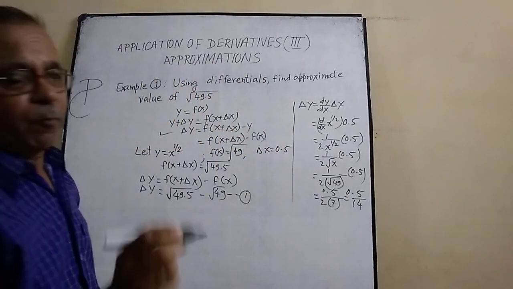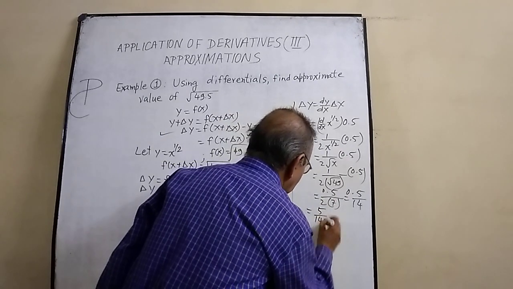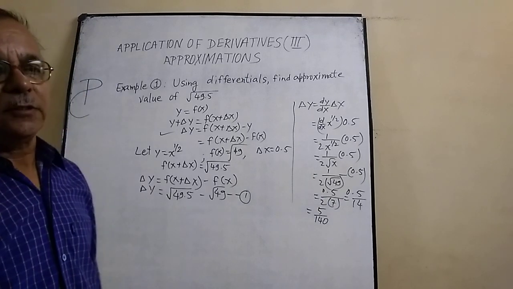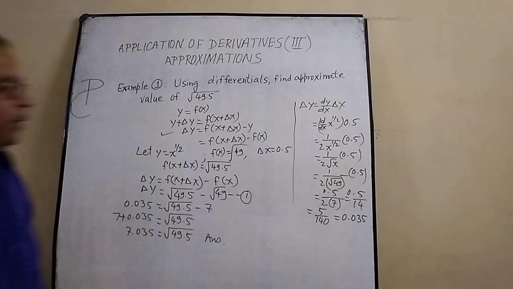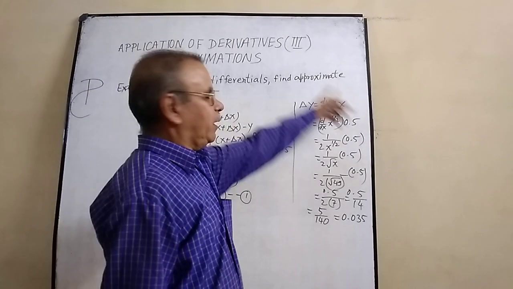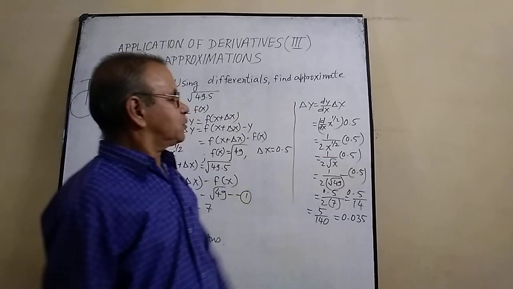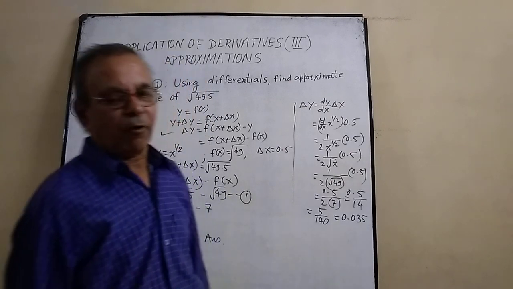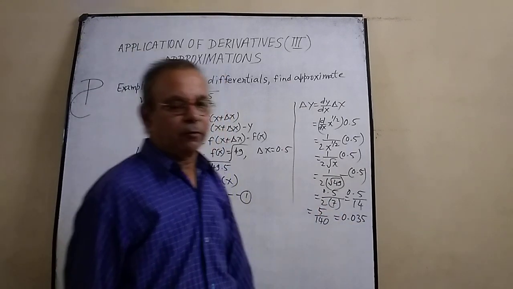This is written as 5 upon 140. So delta y is dy by dx into delta x, which is 0.5 upon 14, and this 5 upon 140 is equal to 0.035.